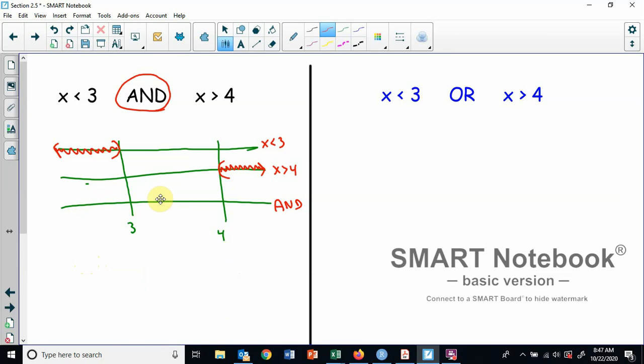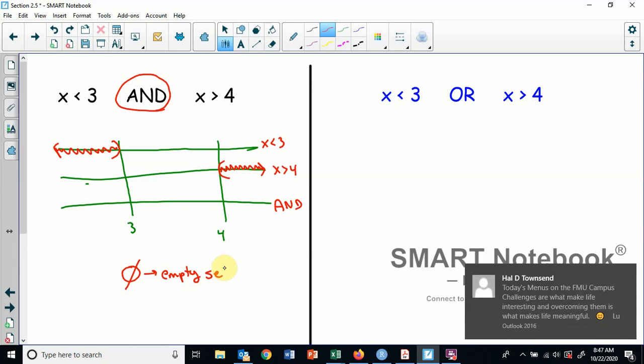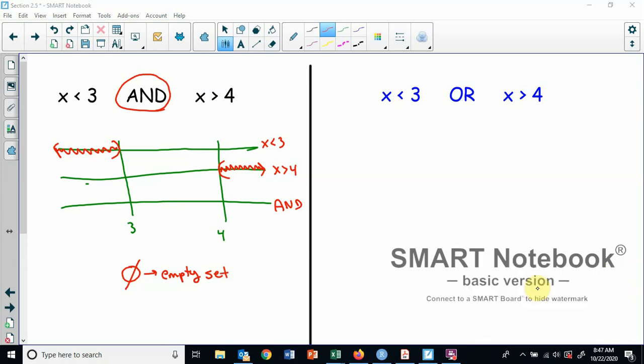So we do not graph anything down here because there is no part of a solution. So this one's a no solution, or you can simply write the empty set, which is a 0 with a big slash through it. Let me write the empty set. Okay? So there's our empty set.